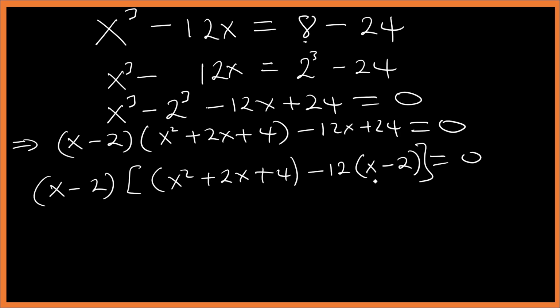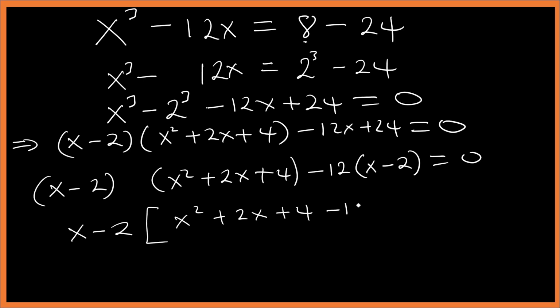Now we can do some amendment here. We can factorize x minus 2 here. Okay, let me remove the bracket first. So we have x minus 2 and we have this, so we'll be left with x squared plus 2x plus 4 minus 12, equals 0.